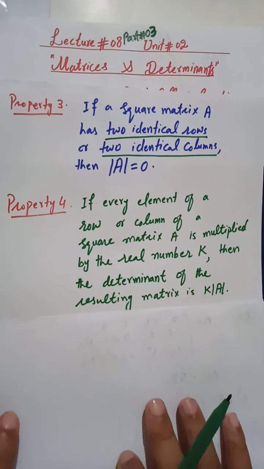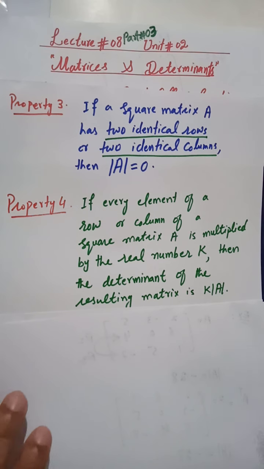What is property number 4? Property number 4 is: if every element of a row or a column of a square matrix A is multiplied by some scalar, then the determinant of the resultant matrix must be equal to that scalar multiplied by the determinant of the original matrix.